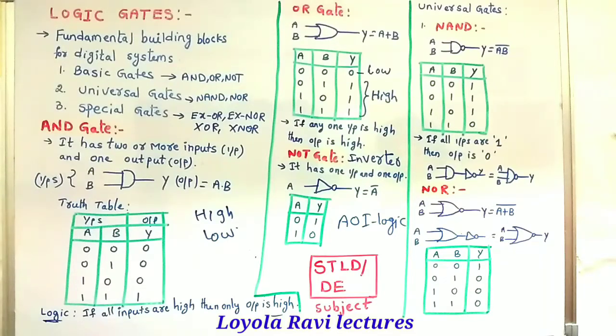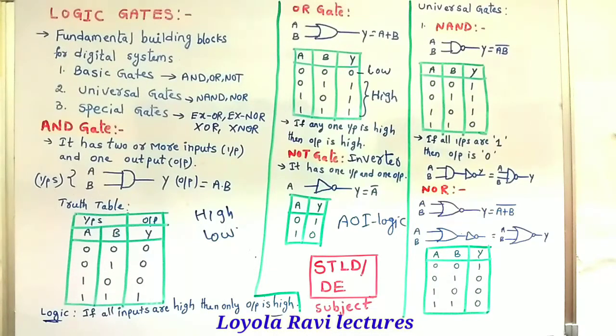Our logic must be related to any number of inputs. It may be 2 input or 3 input, 4 input or n number of inputs. Logic must be compatible for any number of inputs. That's why I am saying that if all inputs are 0, then only output is high. If any one input is high, then output is 0. That is the low logic for NOR gate.